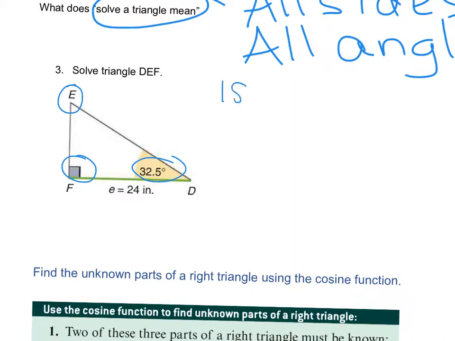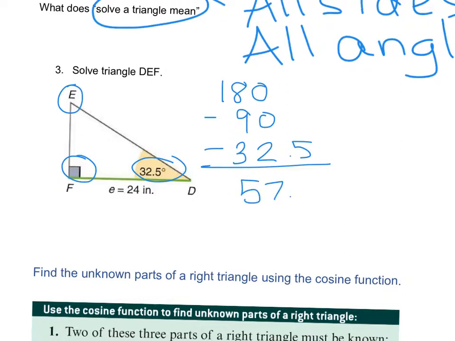You know that there's 180 degrees in a triangle. Deduct your right angle of 90 degrees and you'll be down to 90. Then deduct your acute angle of 32.5, and that'll tell you how big angle E is. So in this problem, angle E is 57.5 degrees.